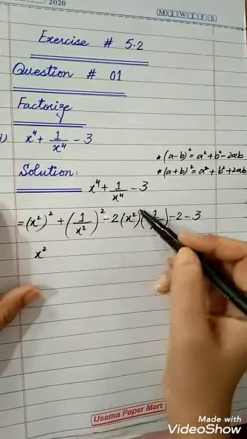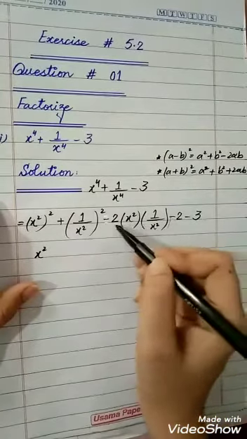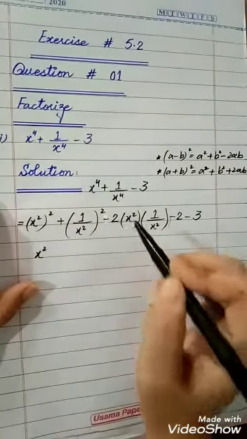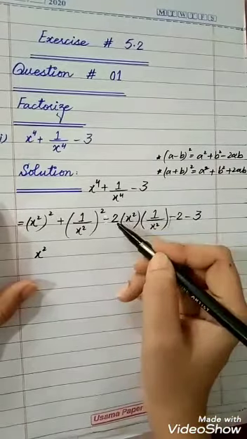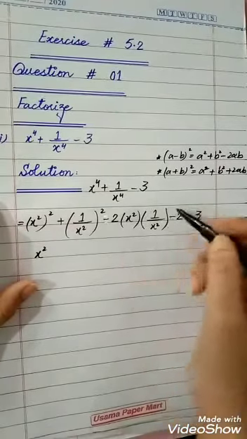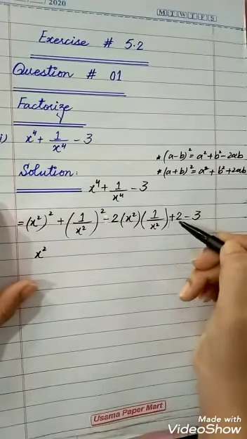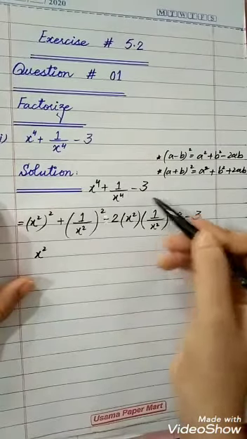Because these both will be cancelled, there is no effect of these two terms, but minus 2 is still here. It will create a problem because minus 2 we have taken, so plus 2 also we have taken by ourselves. If we have subtracted something, we have added as well, so minus 3 is as it is.